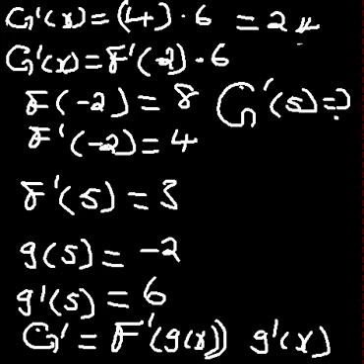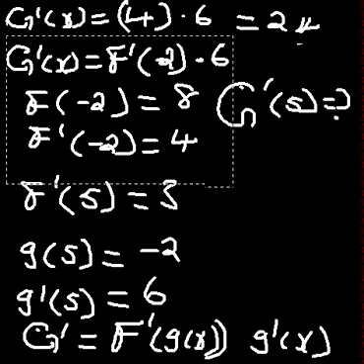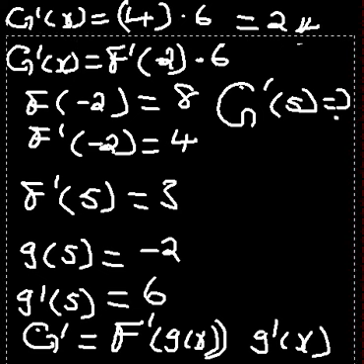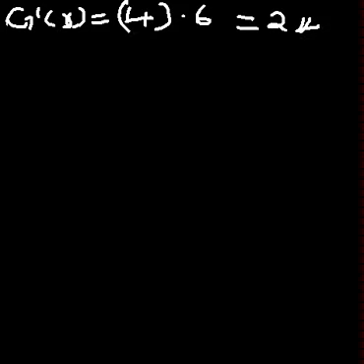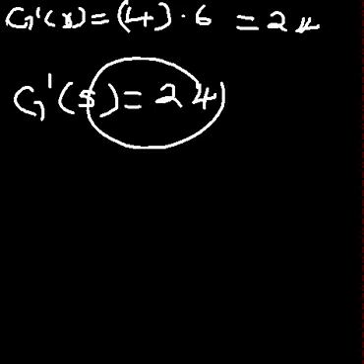Which means g of 5 prime is also given as 24. So that's the essence behind that kind of way.